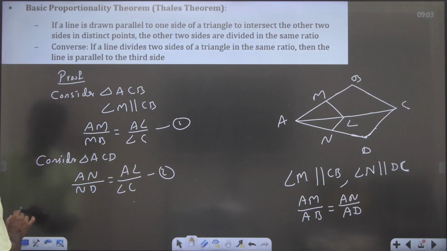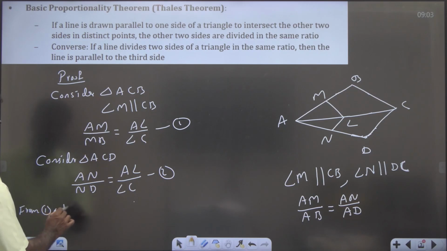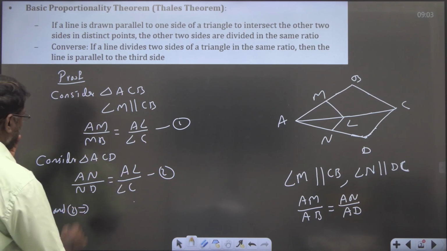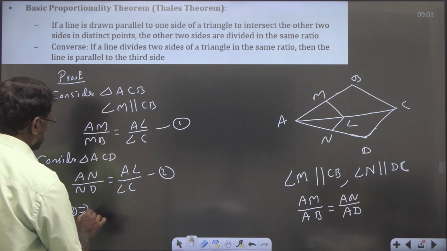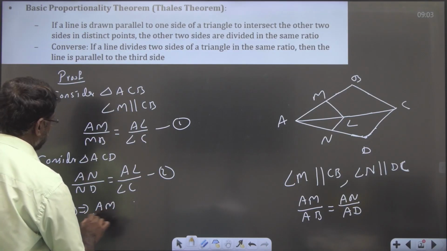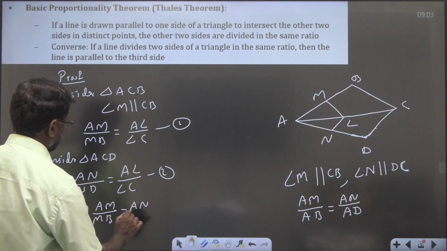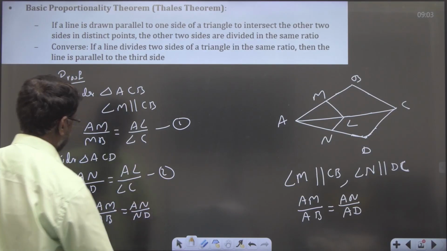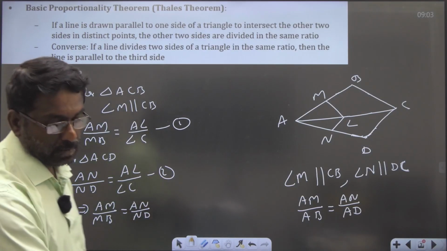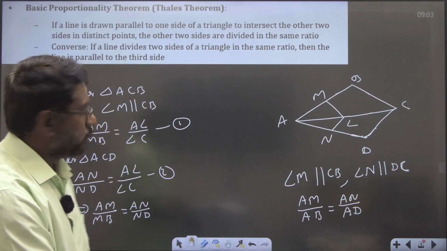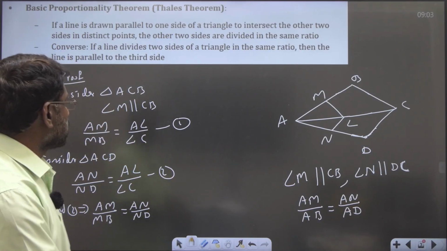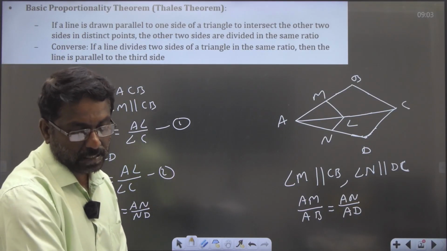So the left hand sides are also equal. AM divided by MB is equal to AN divided by ND. Because the RHS of both equations are equal, automatically the LHS are equal.